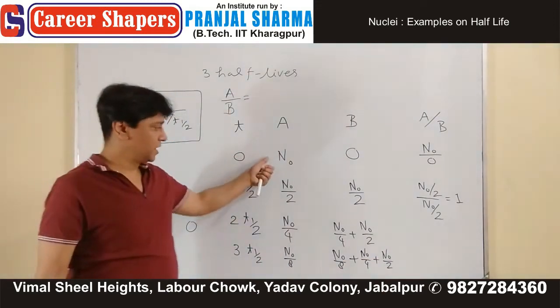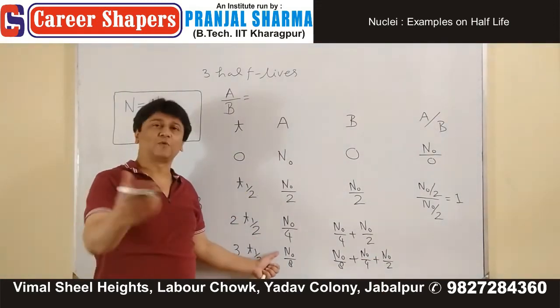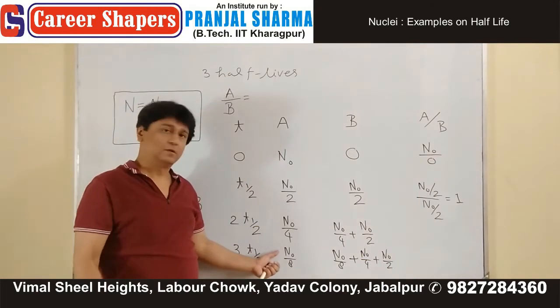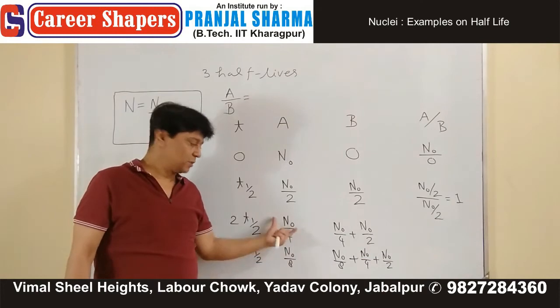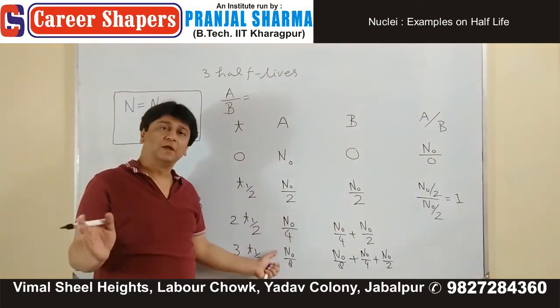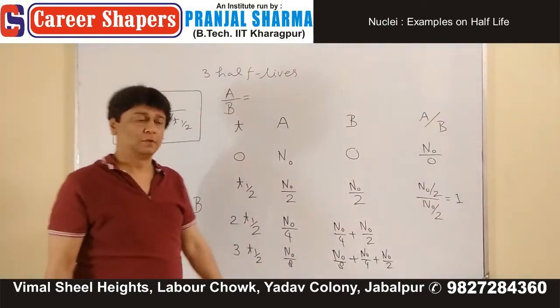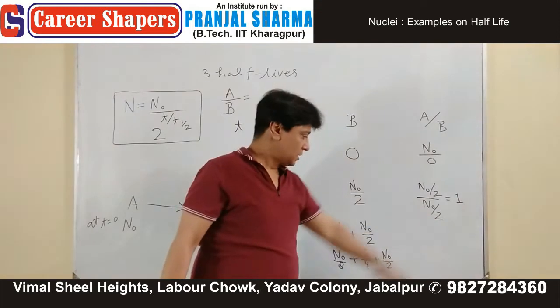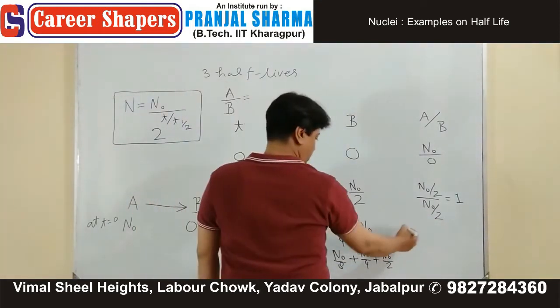So this is 100, 50, 25, let's say 12.5, just for the time being. You are adding this: there were 25 atoms, now there are 12.5, other 12.5, they become what? B. This is coming 3 N naught by 4.